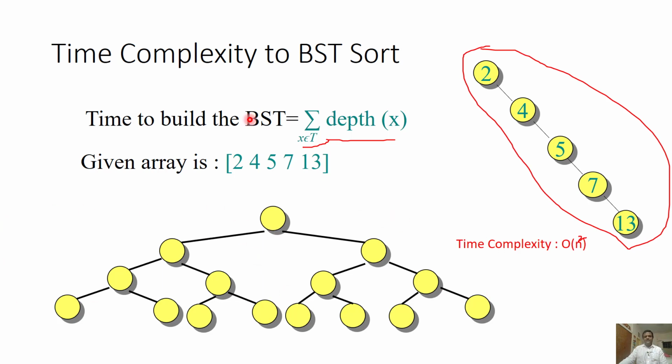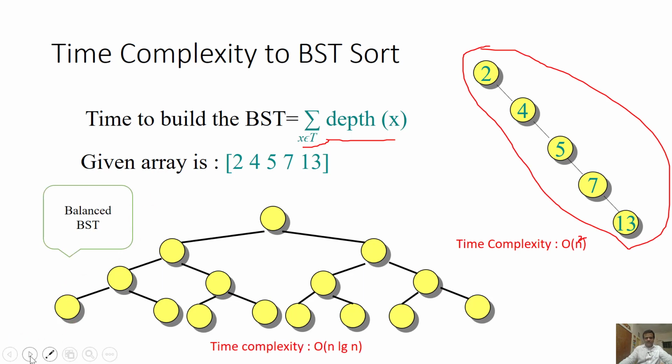That is the time complexity to build the tree, and that will be the time complexity for BST sort, because that is the major time, as the in-order traversal of the tree just takes order of n. So this is the best case for BST sort, and this is the worst case for BST sort, order of n square. This is a balanced BST, and for this the time complexity is n log n.